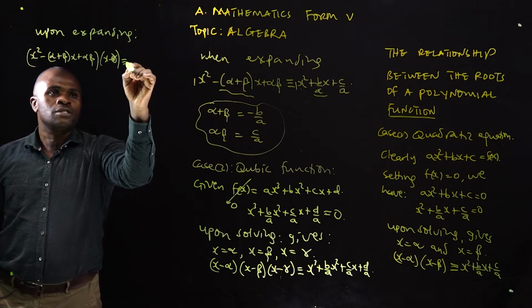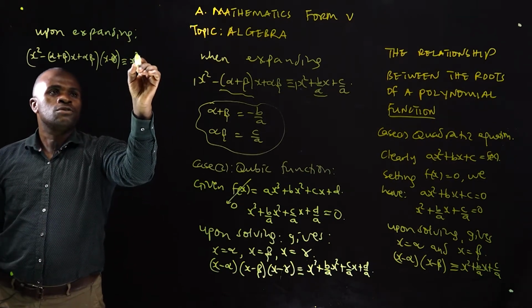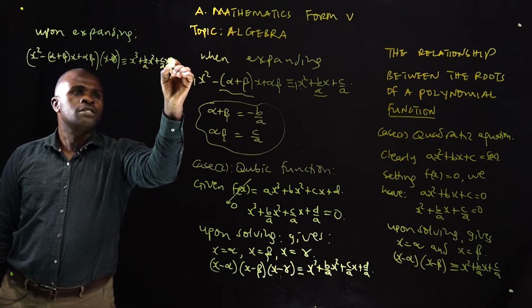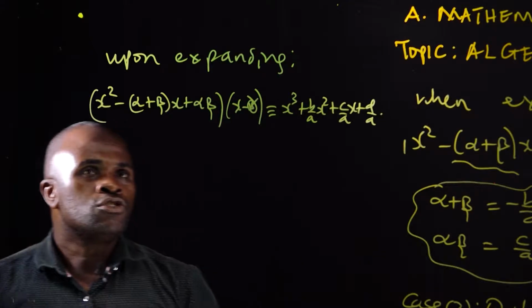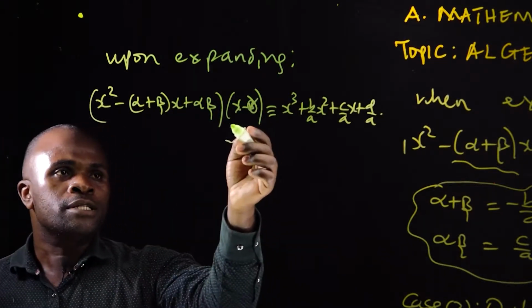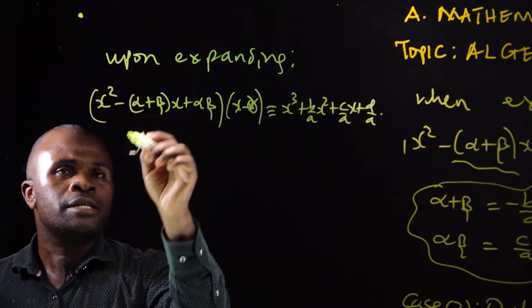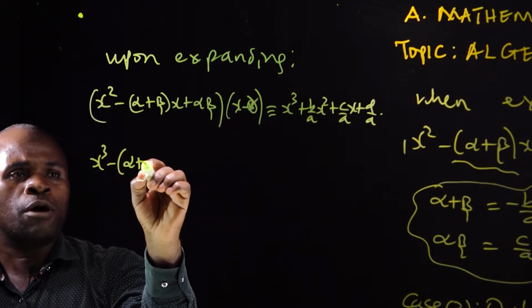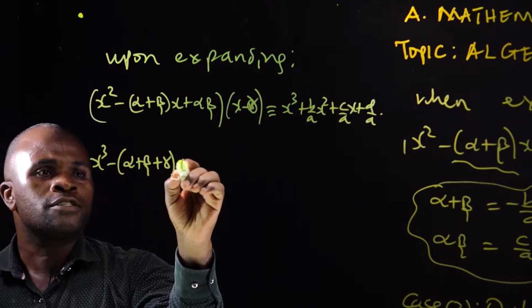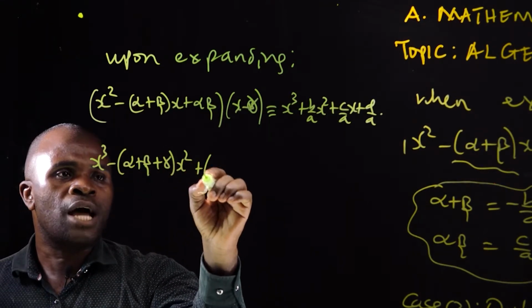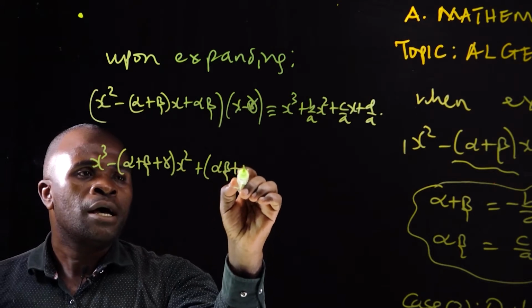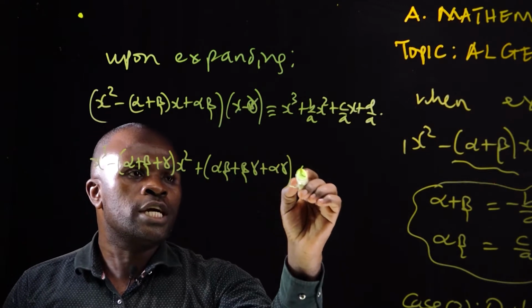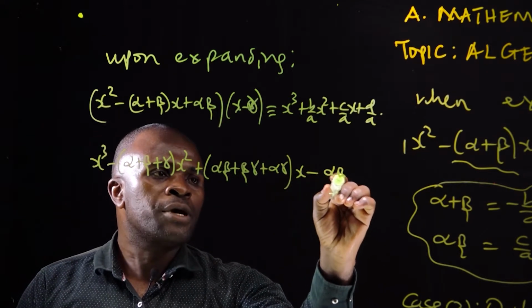So this is proportional to x cubed plus b over a x squared, c over a x plus d over a. So expanding again carefully, taking x and this part, this one gives x cubed minus (alpha plus beta plus gamma) x squared, plus (alpha beta, beta gamma, alpha gamma), and this one goes with x minus alpha beta gamma.